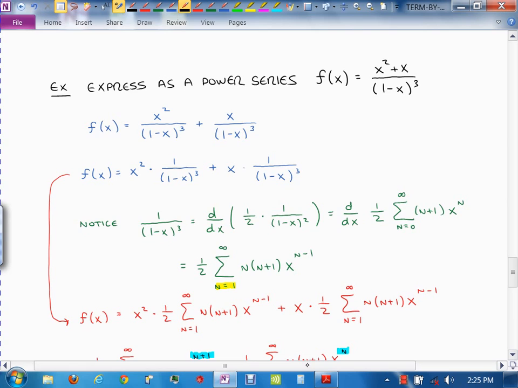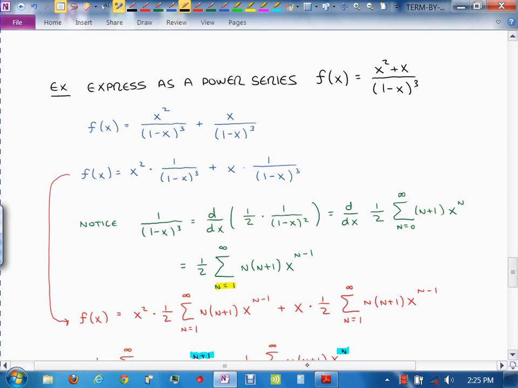Notice that the 1 over 1 minus x cubed is the derivative of this. Now, I'll write that down on the board so you can see what it is. It's 1/2 times 1 minus x to the negative 2. Isn't that what this middle one is?